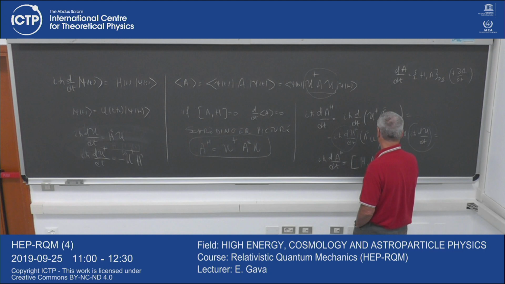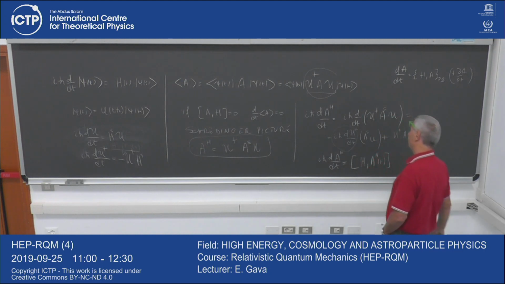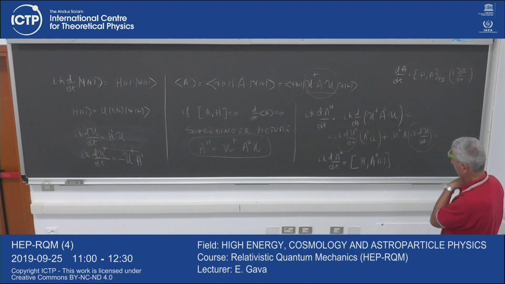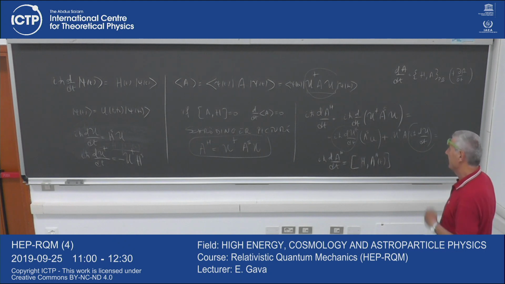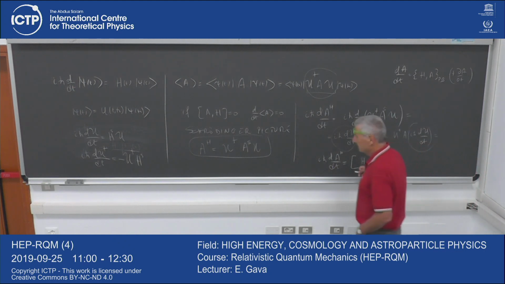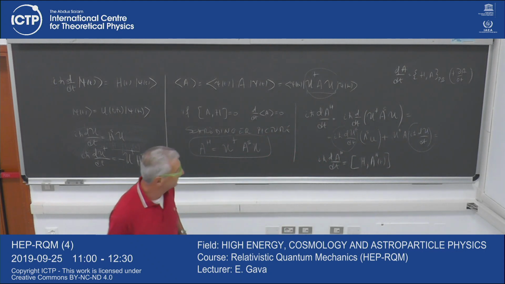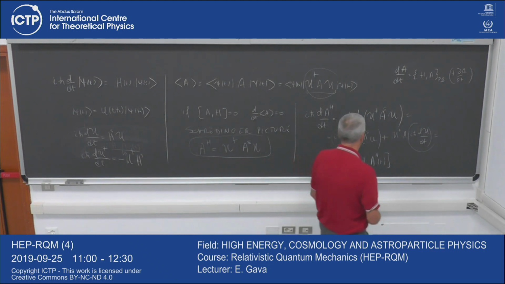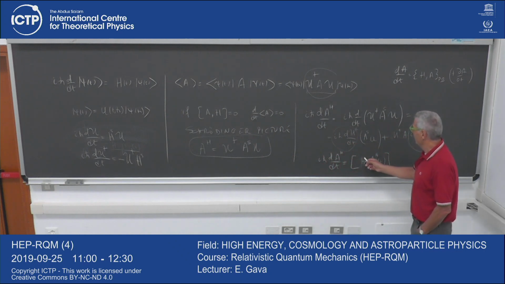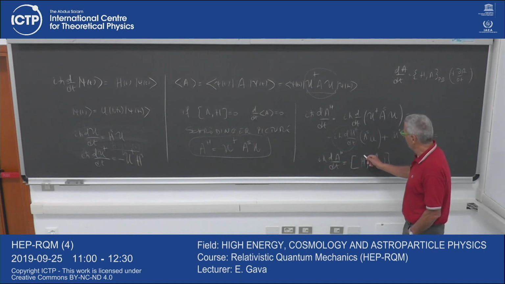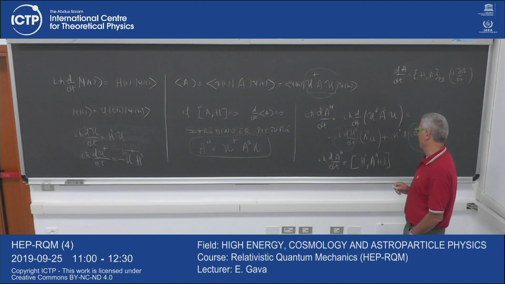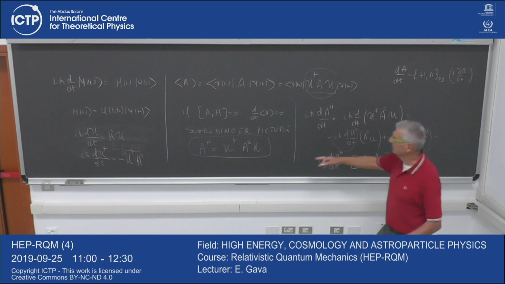A_H and H of t. I'm not sure about the sign. Let's see if it is this or the other way around. No, it's this. And here, strictly speaking, you have an H Heisenberg, which means you should conjugate H also with this operator.